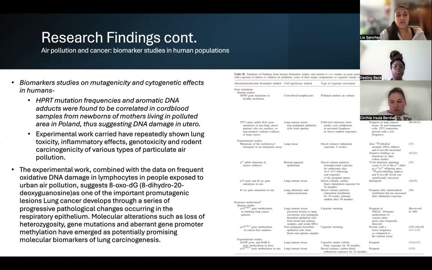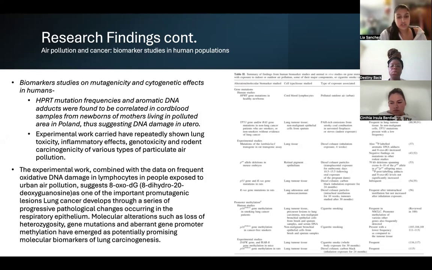Experimental work had repeatedly shown lung toxicity, inflammation effects, genotoxicity, and rodent carcinogenicity of various types of particulate air pollution. The experimental work, combined with the data on frequent oxidative DNA damage in lymphocytes in people exposed to urban air pollution, suggests that 8-hydroxydeoxyguanosine, as one of the most important promutagenic lesions, and lung cancer develops through a series of progressive pathological changes occurring in the respiratory epithelium.